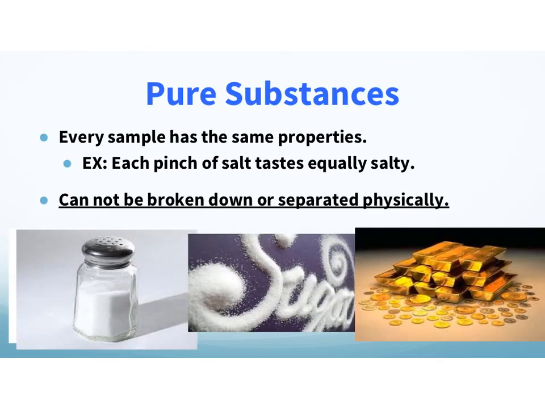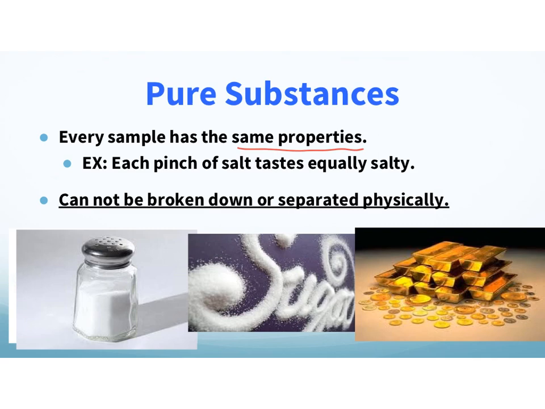So a pure substance is a substance in which if I take a sample of that substance, every single sample that I would take would have the exact same properties, both physically and chemically, as the sample before it. So an example here, if I take a pinch of salt, each pinch of salt is going to have the same physical and chemical properties.